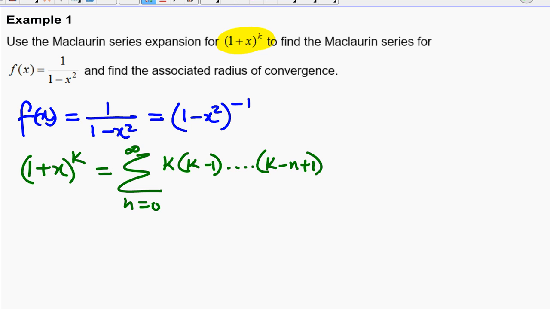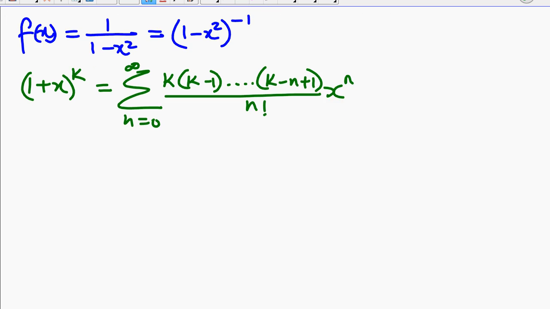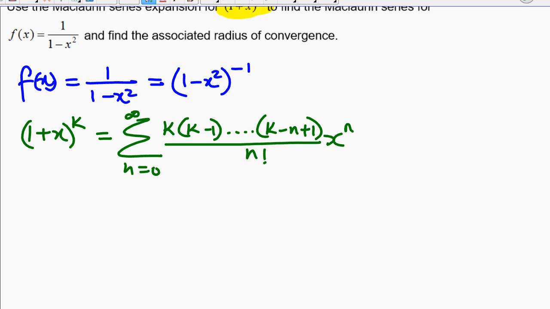This is where we stop, over n factorial, x to the power n. So what we need to do right now is to try and make connections between these.